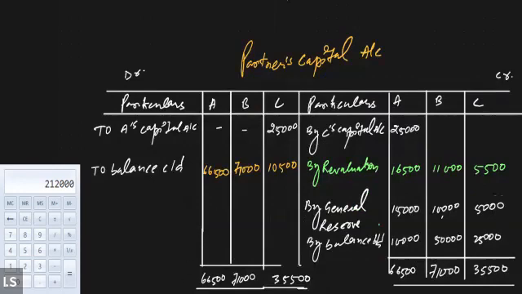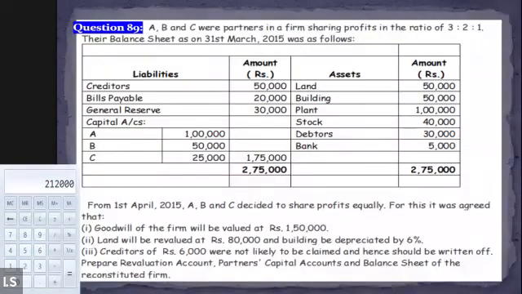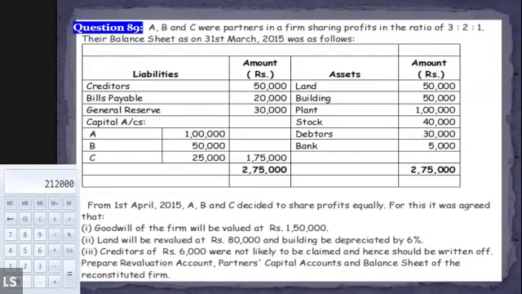Okay. Then we have general reserve in the balance sheet. Everyone is able to see that on the liability side we have the general reserve. I've already told you that general reserve is a part of profit, if you are able to recall that, right? And since it is a part of profit, if nothing is given in the question regarding its treatment, what do we do with the general reserve?